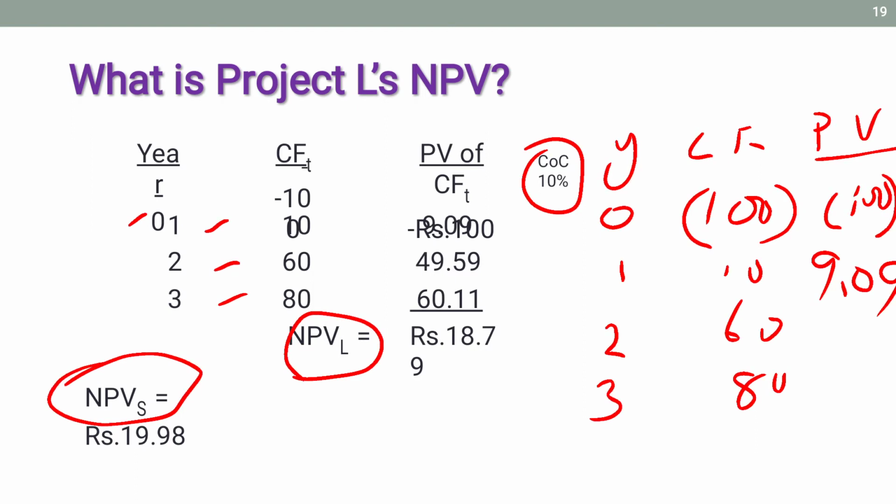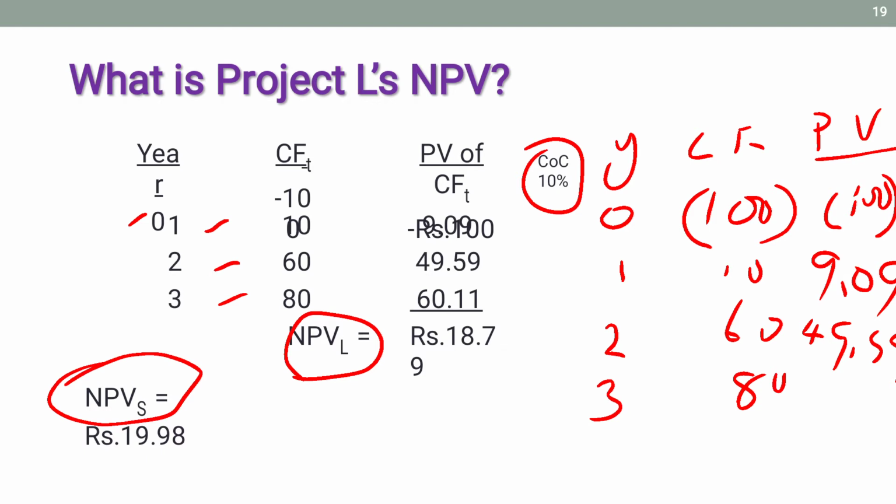If you are applying 60 upon 1 plus 0.10 to the power 2 for the second year, you are ending up with 49.59, right?